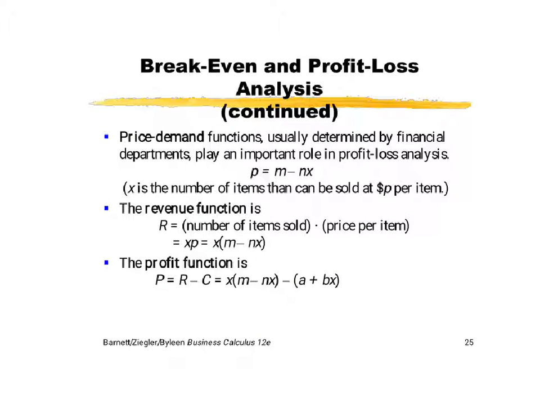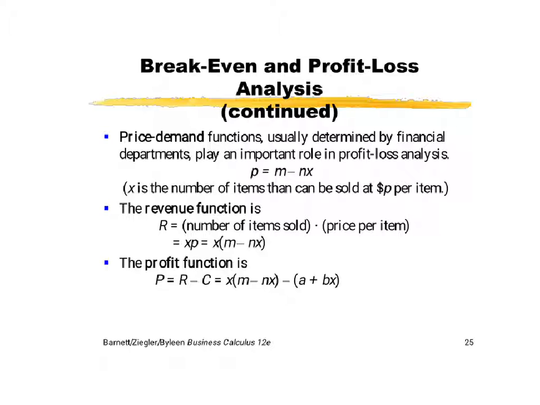Okay. Next, we have the price-demand functions, usually determined by our financial departments, which play an important role in profit-loss analysis. Notice here we have the equation P equals M minus NX, and X is the number of items that can be sold at a price of P dollars per item.